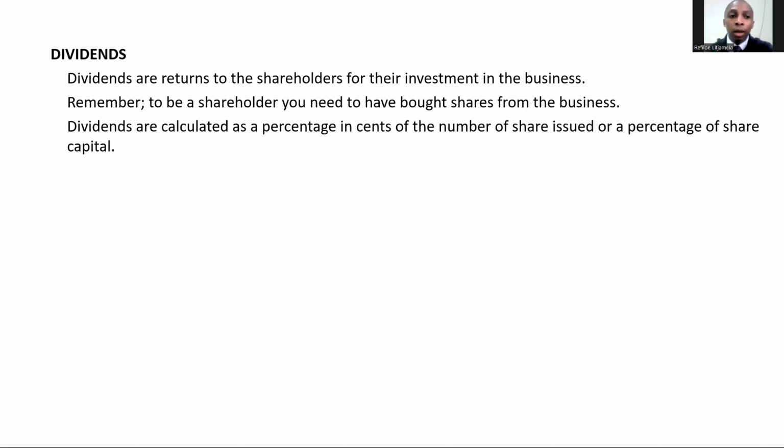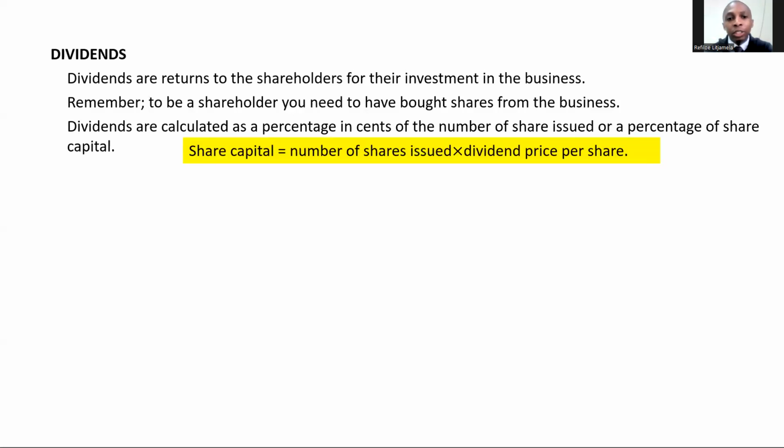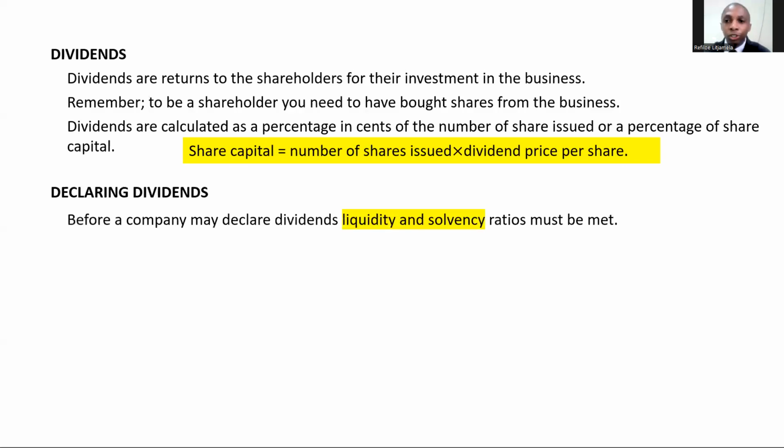So you need to draw that distinction. Share capital will simply be the number of shares issued multiplied by the price per share. I told you what price per share is in previous videos, so check out previous videos if you want to know what share price is.